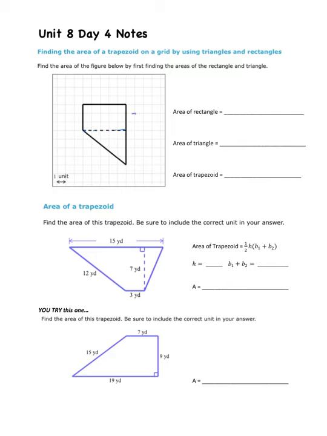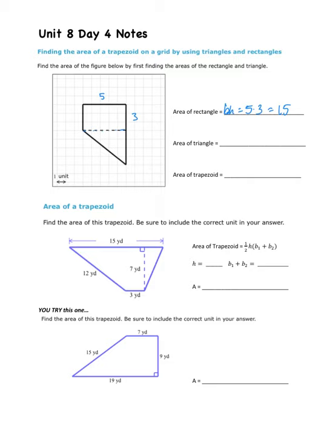The height is 3 units, and the base is 1, 2, 3, 4, 5 units. So the area of the rectangle is base times height, 5 times 3 equals 15 square units. Now the area of the triangle.